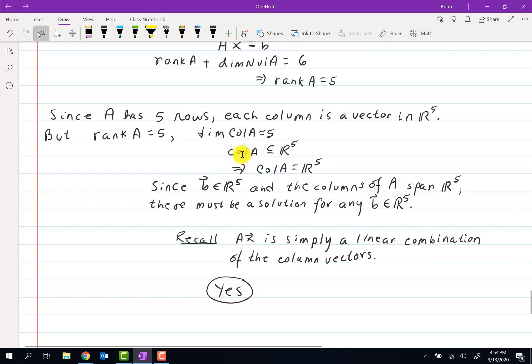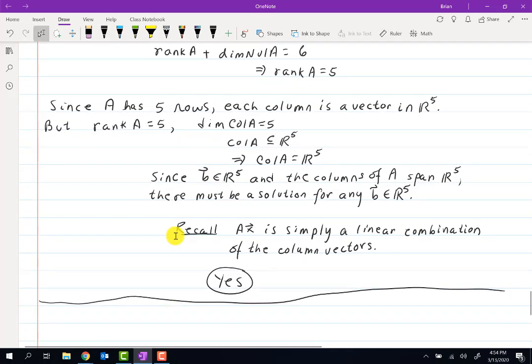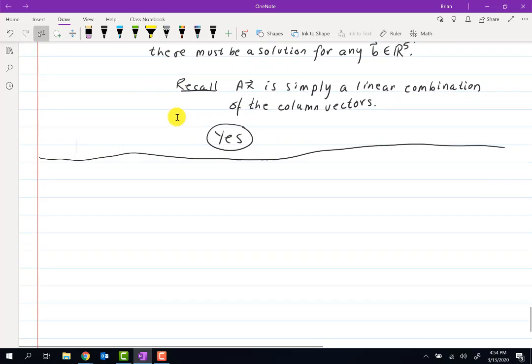That means that some linear combination will equal any B that you can possibly come up with. So you can see that we have here a slight connection between rows and columns, not as much as I was looking for, but let's do some more of these problems here.